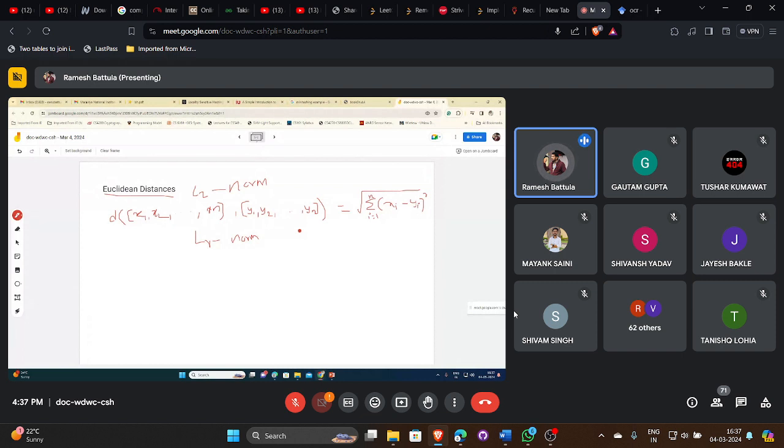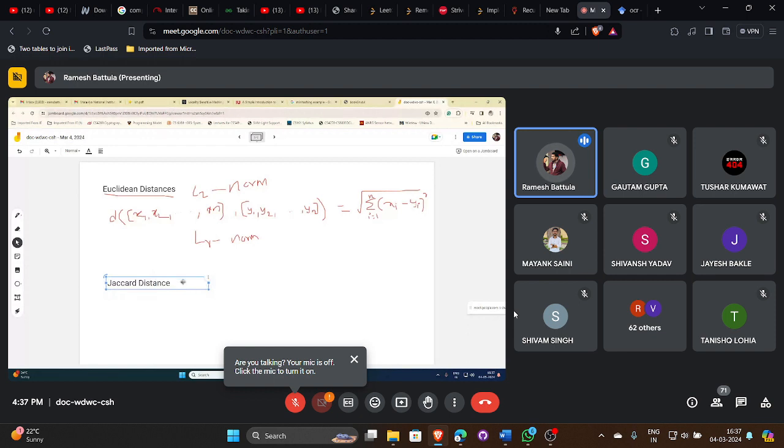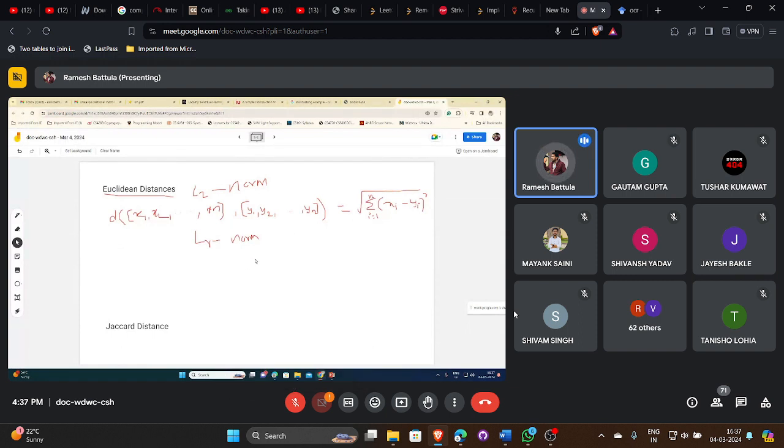Then the second one we need to talk about is Jaccard distance. First of all, you need to understand two things: one is Euclidean L2 norm and L1 norm, and the LR norm.